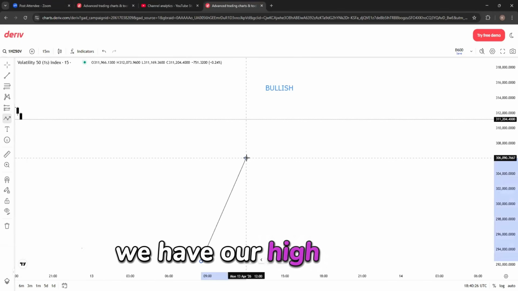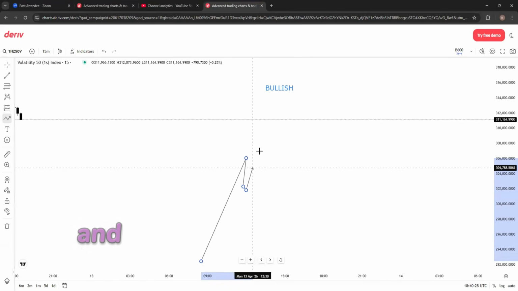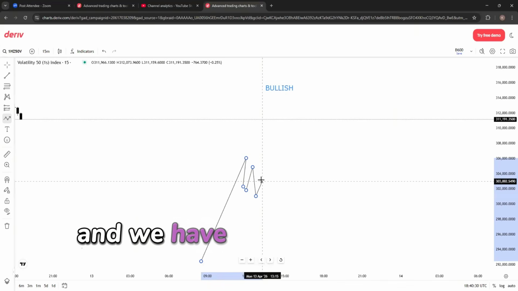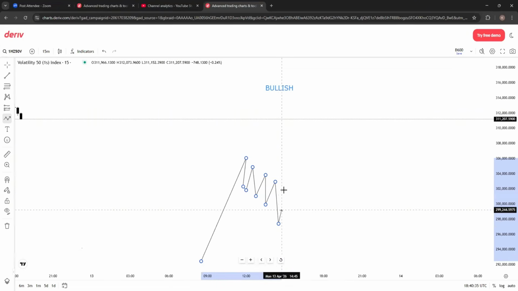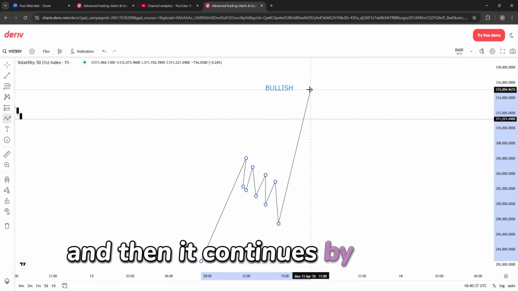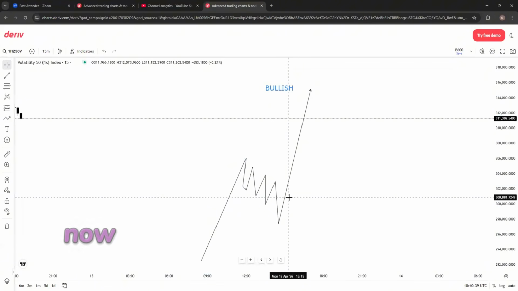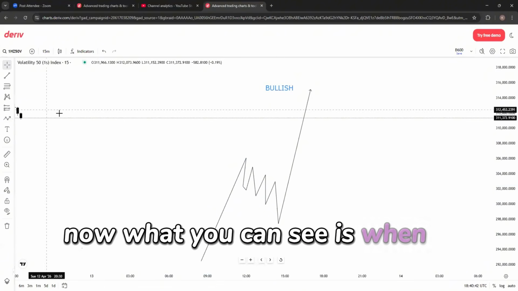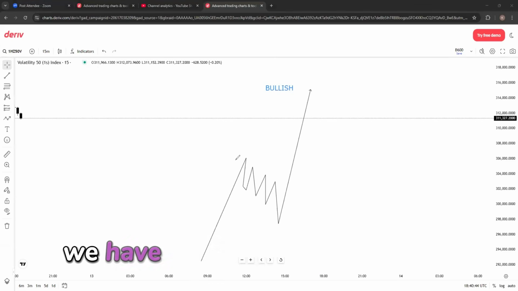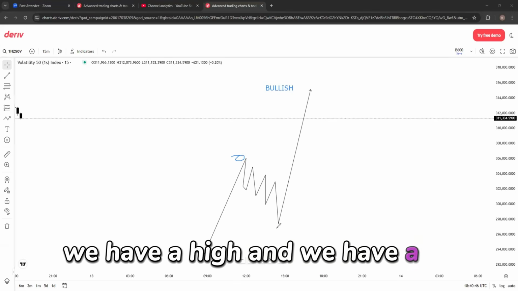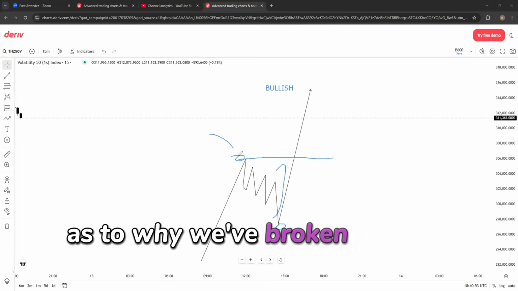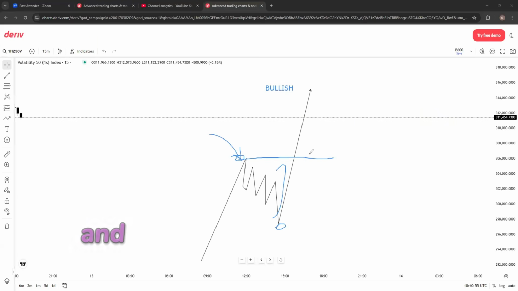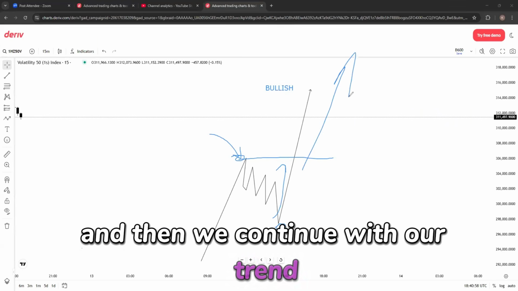We have our high, our low, and we have that flag, and then we have our low, and then it continues by going up. When we mark our structure, we have a high and a low, and that flag is the factor as to why we've broken this high over here, and then we continue with our trend.